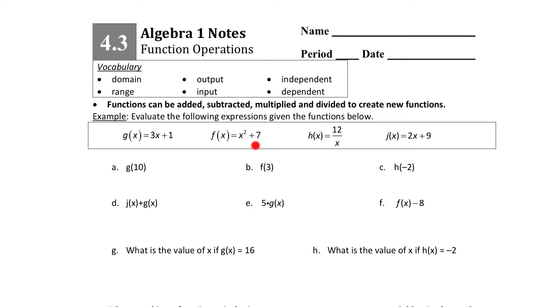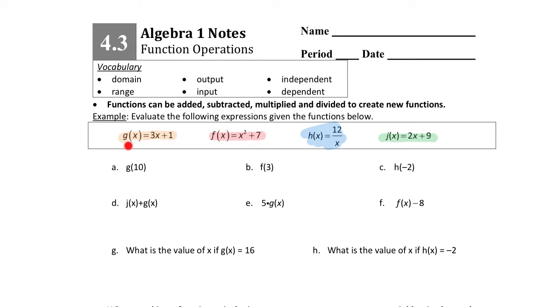So I've got all of these functions, and I'm going to highlight them, color code them, to make them a little bit easier to follow as I'm doing these problems. Notice I have 4 different functions, and they each have a different name.